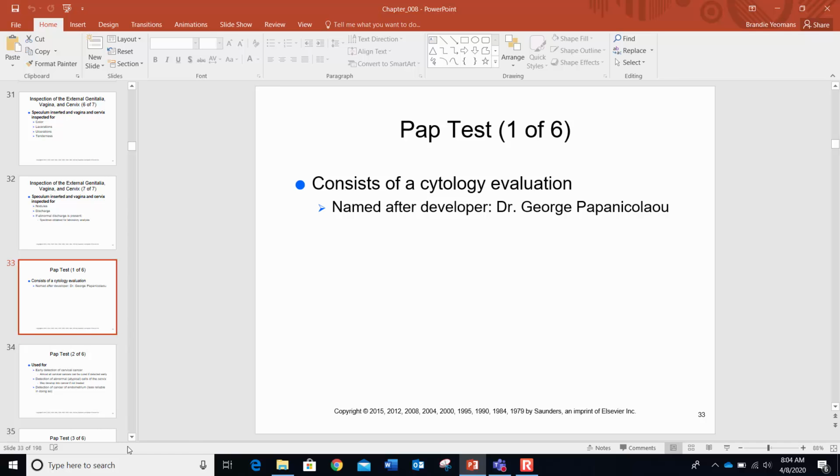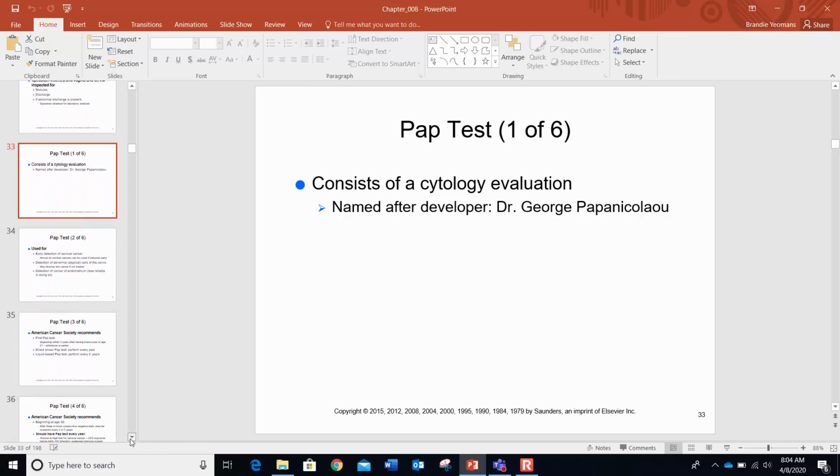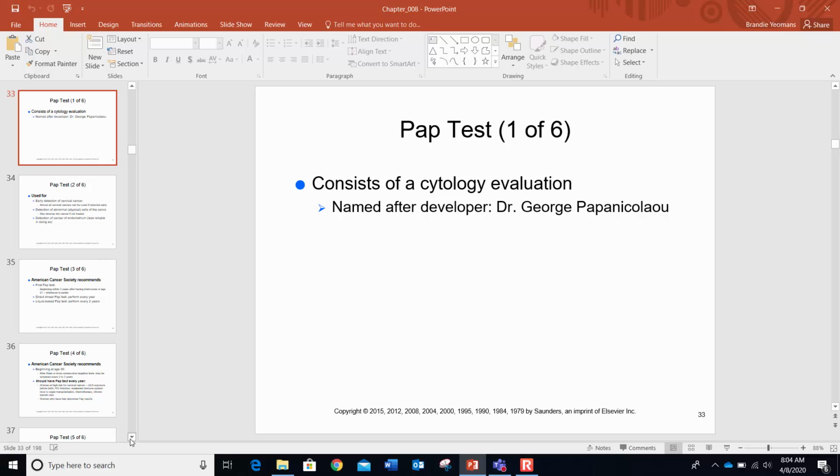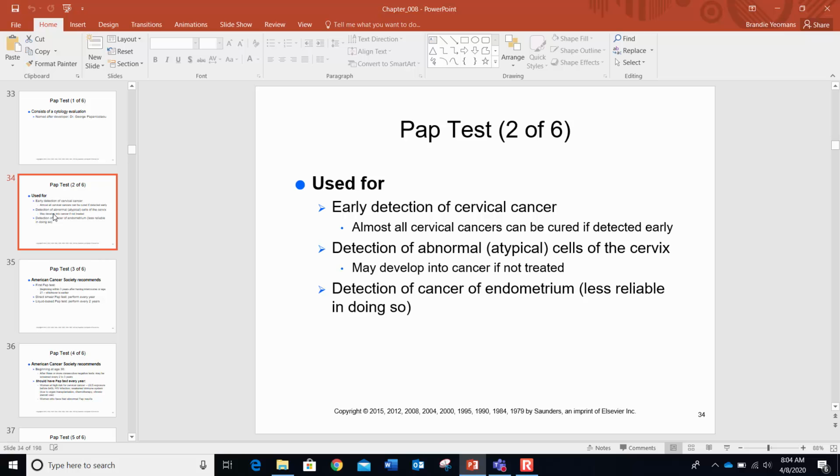Okay, so what about the Pap test? Remember, Pap is a shorter abbreviation for Papanicolaou, which is an eponym because it's named after Dr. George Papanicolaou. And what we're doing is we're looking at that cervix, trying to obtain some of those cells to detect cervical cancer.